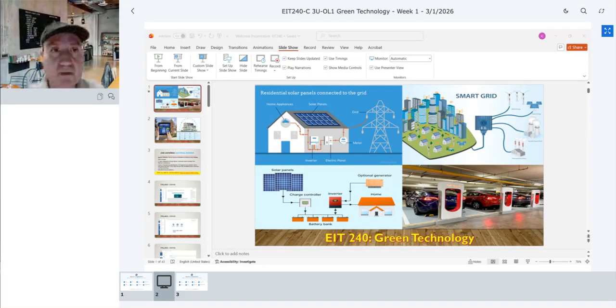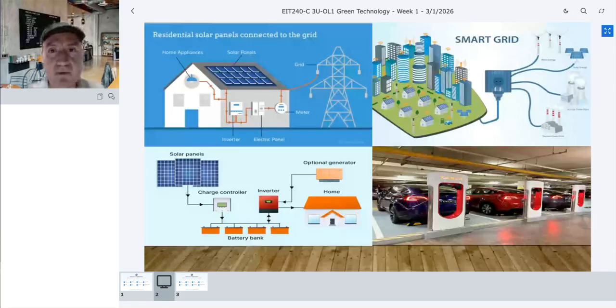Okay, so now, as you see, we start the presentation. EIT 240 Green Technology is the class, and on the screen you see different applications that you can find in green technology.